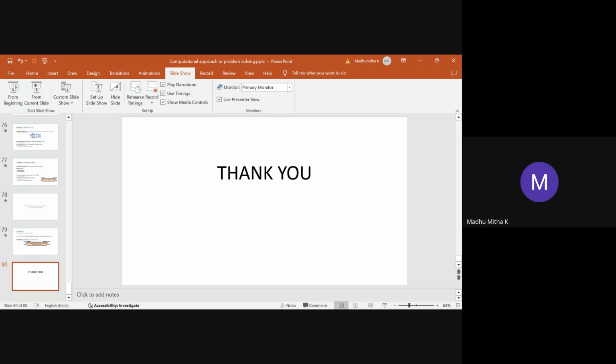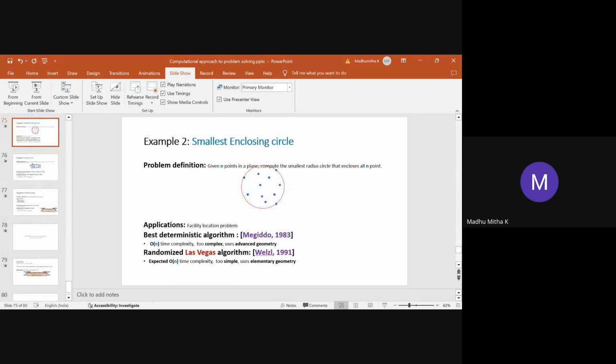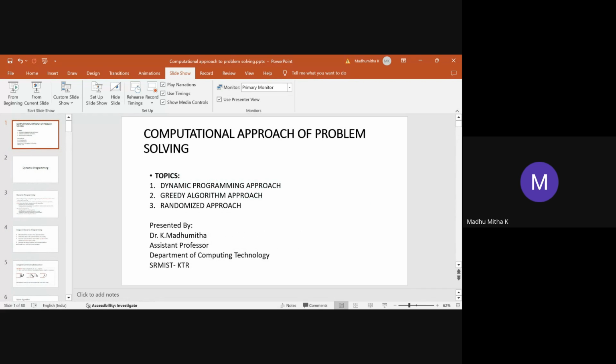So these are the three algorithms I have discussed. Why we are using this computational approach, and what is the overall thing where all the three algorithms can be used?